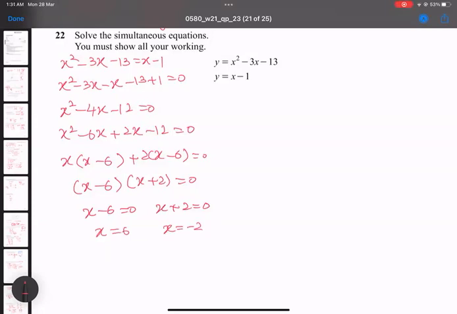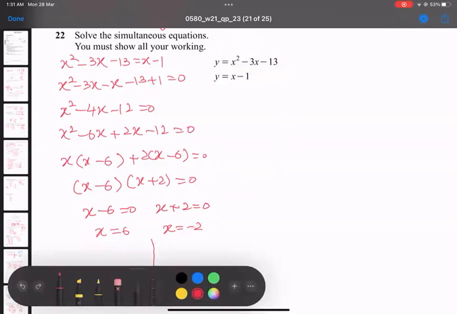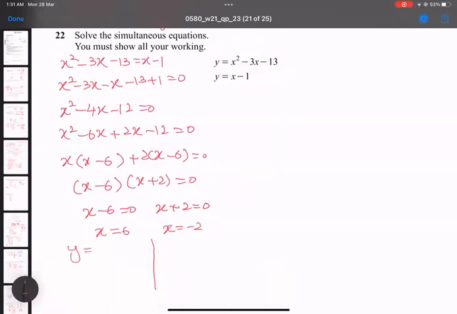It's very clear. Alhamdulillah Rabbil Alameen. But the question is not over. I will plug in both x values in the top equation, either this or this, but the down equation is better. So I plug in there: y is equal to 6 minus 1, and y is equal to negative 2 minus 1.